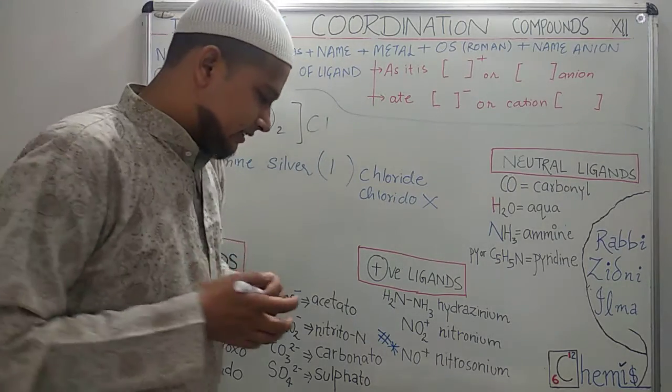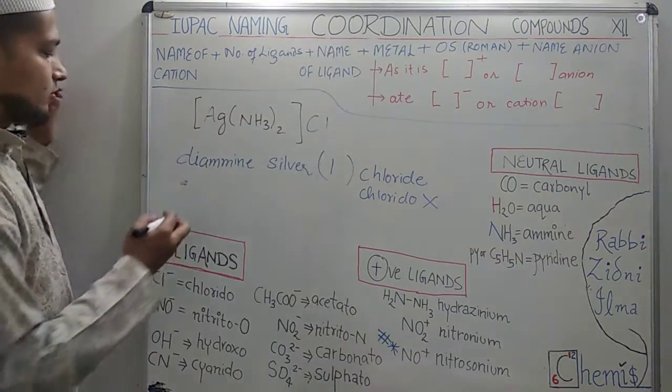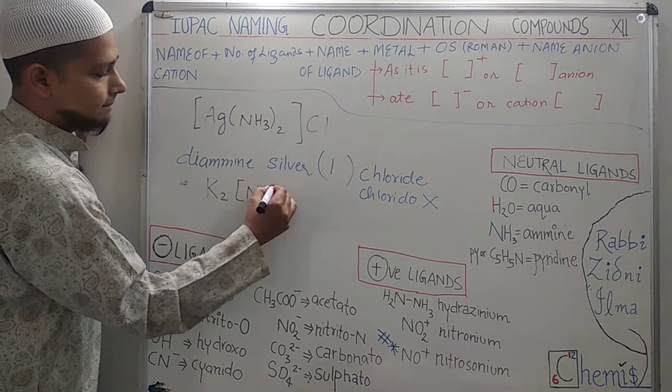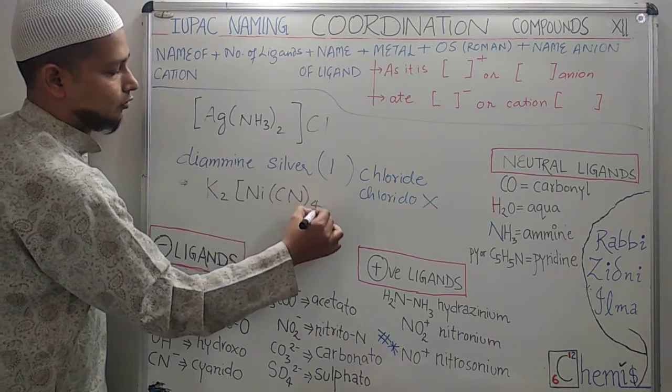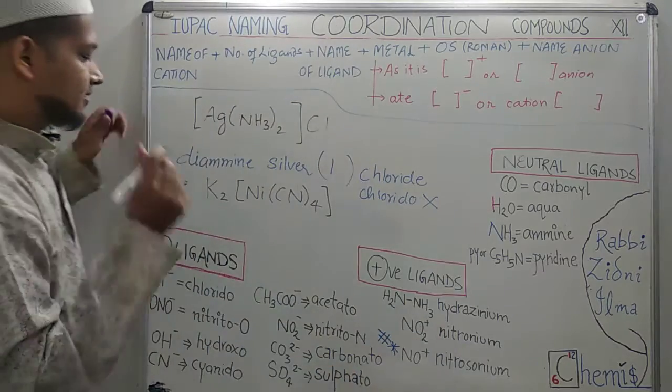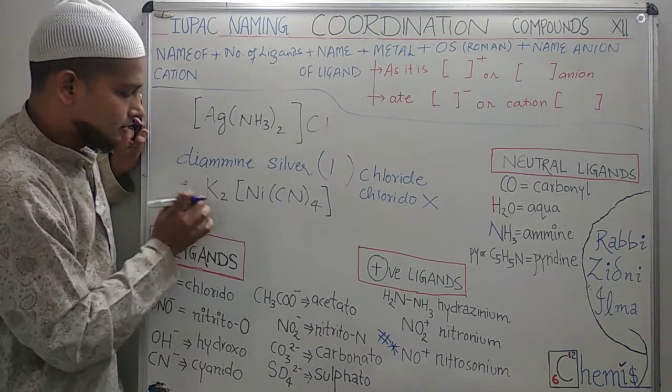Now the next case, try this by yourself. If I say I have K2[Ni(CN)4], name this K2[Ni(CN)4]. It is what? Potassium.